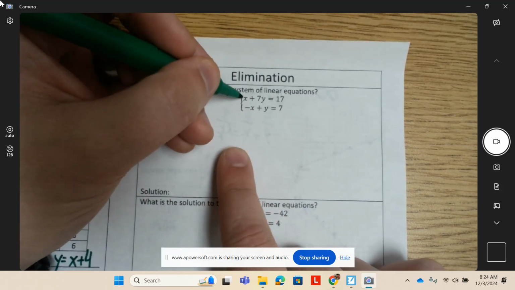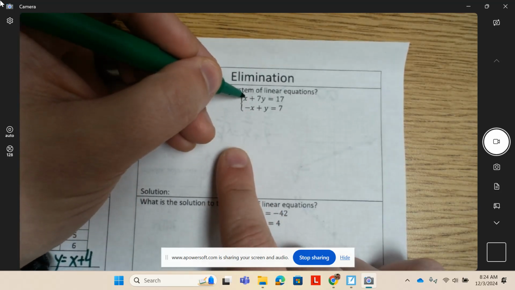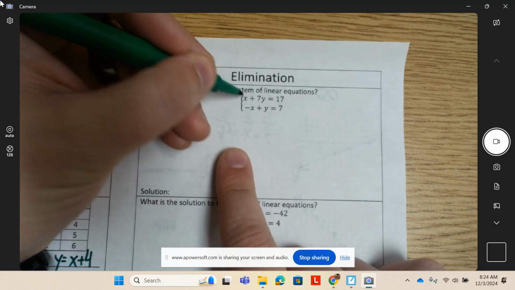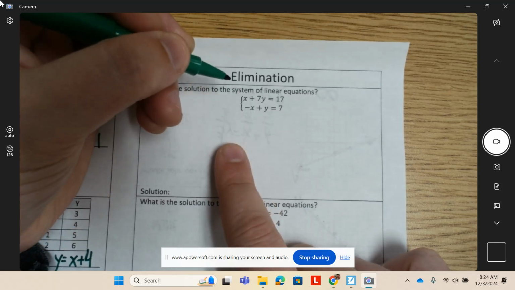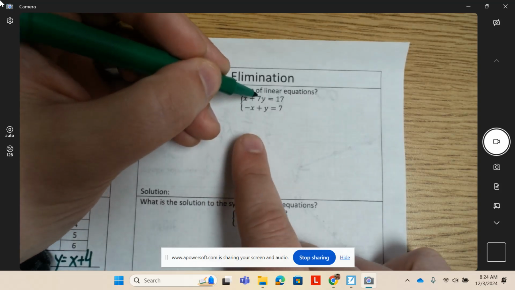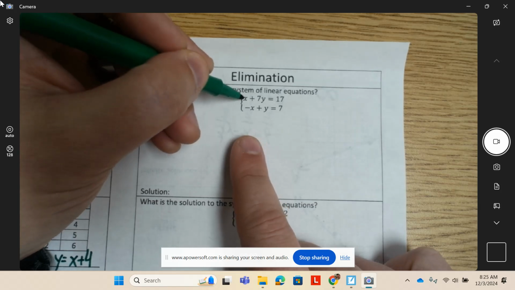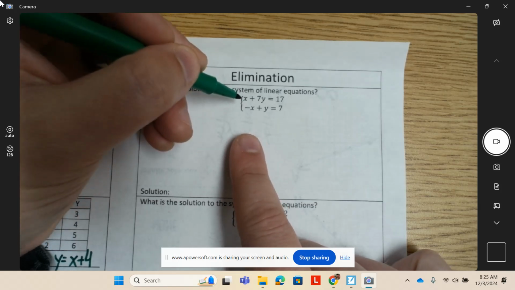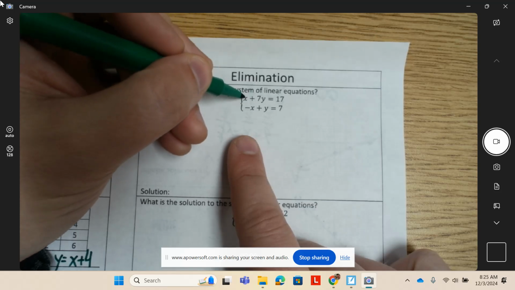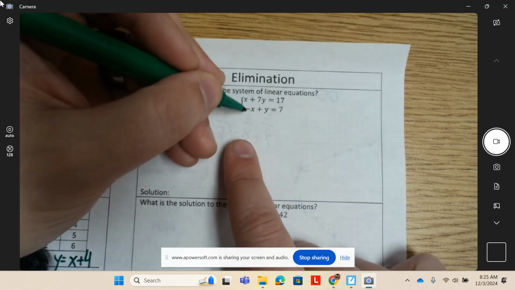First thing I notice here, I've got an x on the top and a negative x on the bottom. Since that's the case, if I add all of these together, I would be doing x minus x, which ends up canceling both of those out.